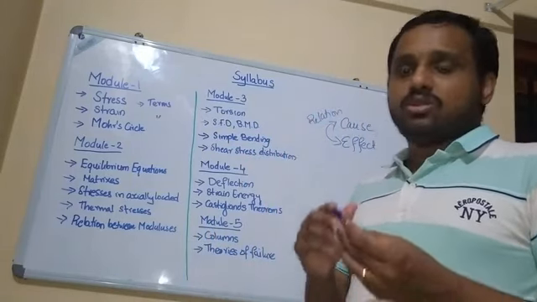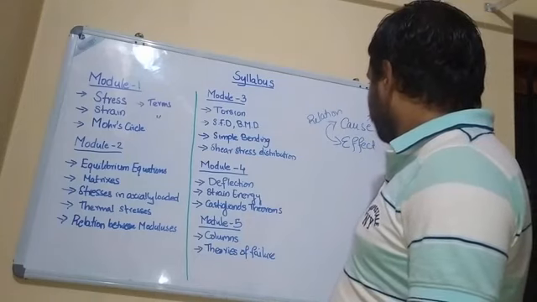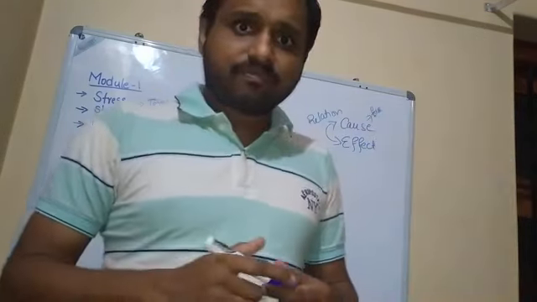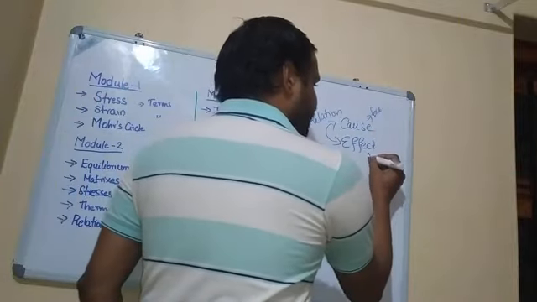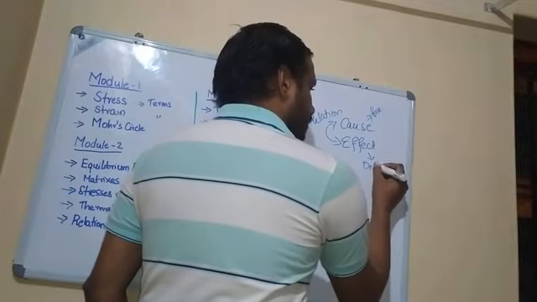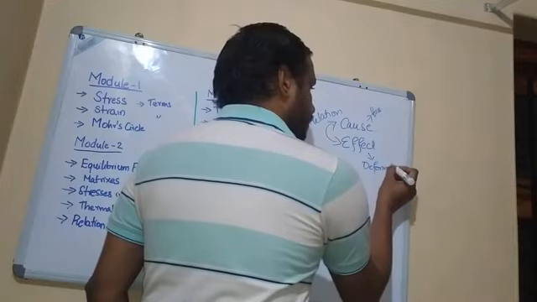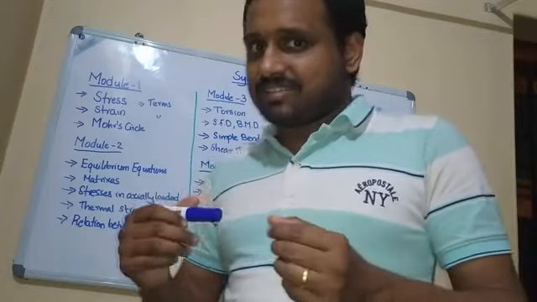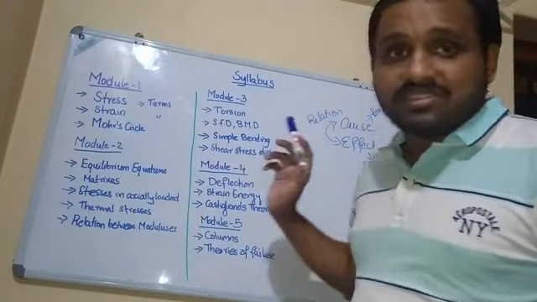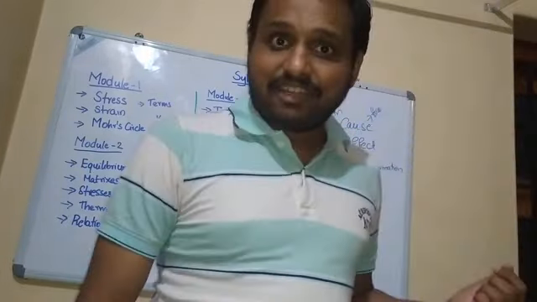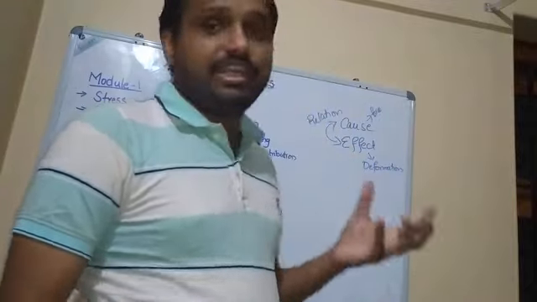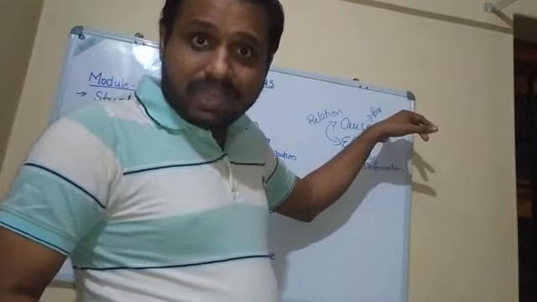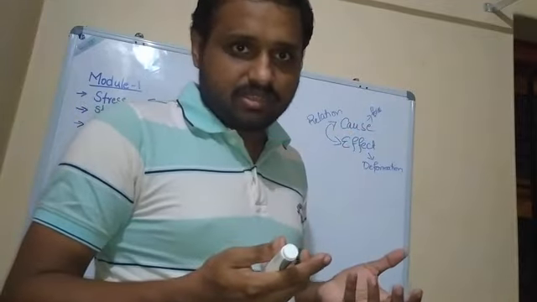So here also the cause is mainly force, and the effect is deformation. In the last lecture I told you the main cause is force, and the effect we are dealing with is the deformation of an object. So when the force is applied, there is a deformation, right?